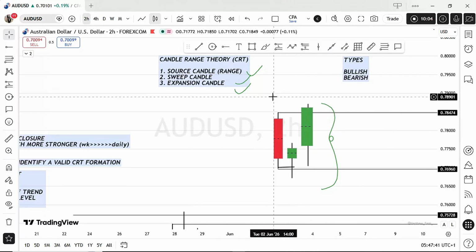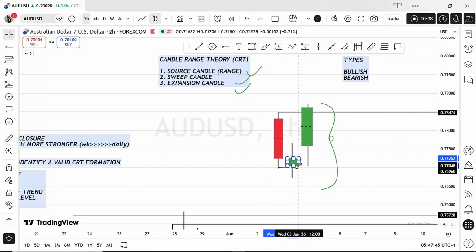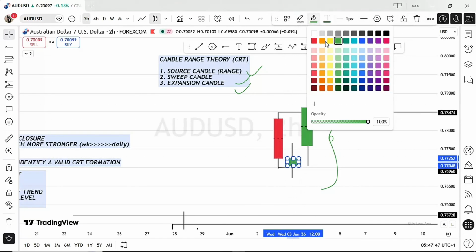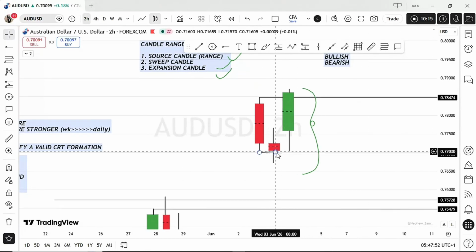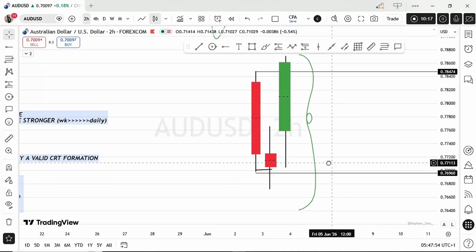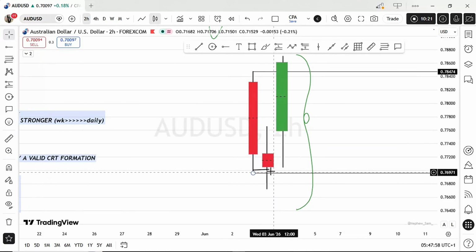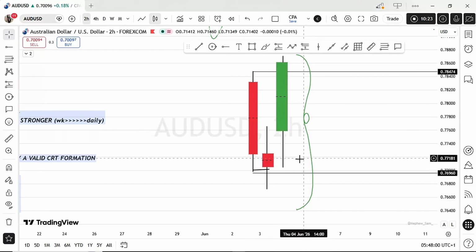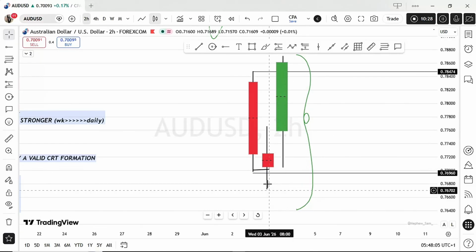You see, this one is stronger than this one. You have to understand this. The reason is that every bearish candle opens at the top and closes here. It simply means the next candle will open here, right? The next candle will open here and you might just trade downwards, right?